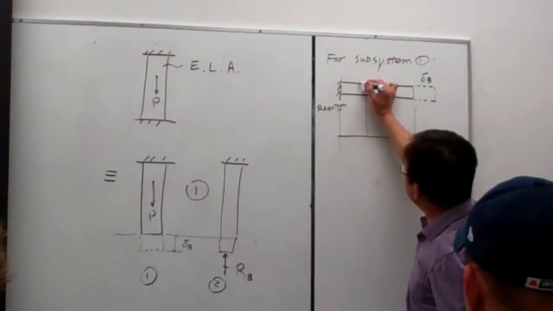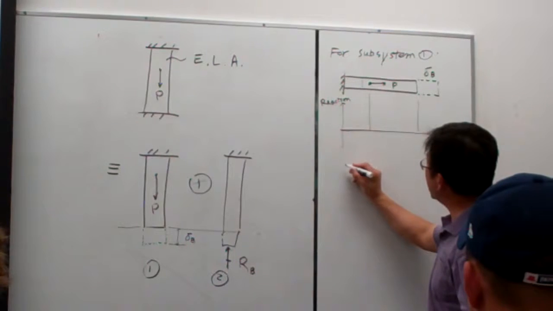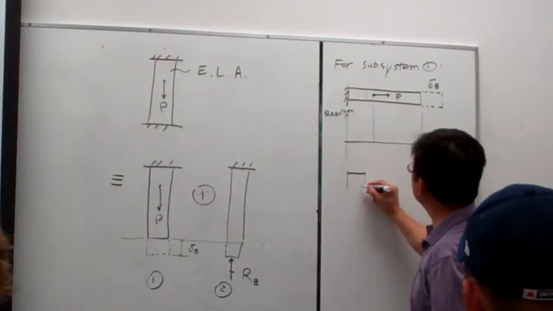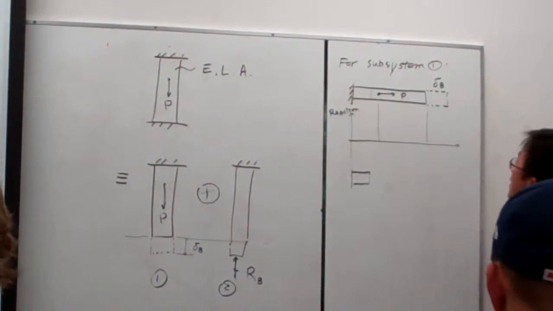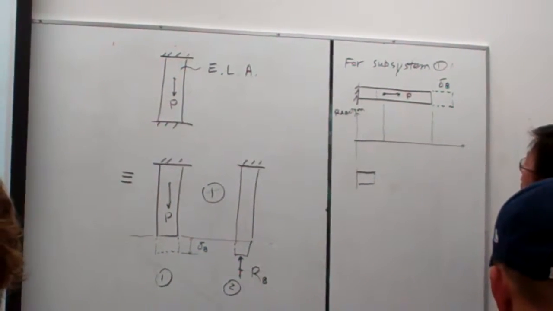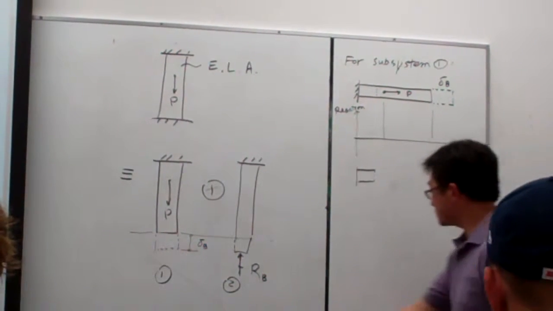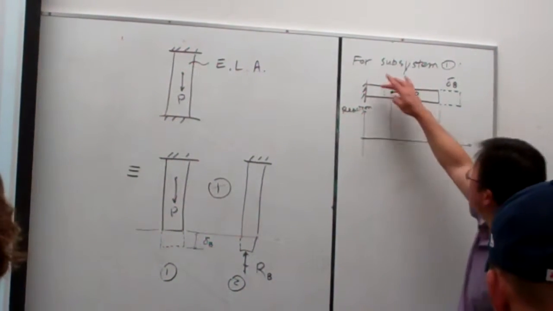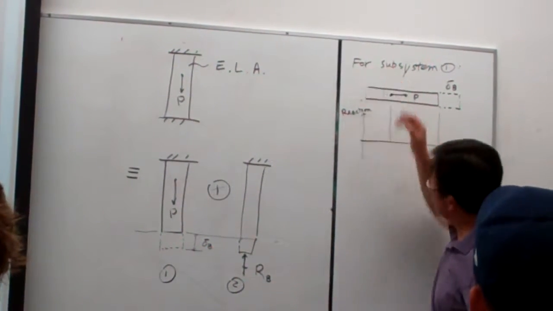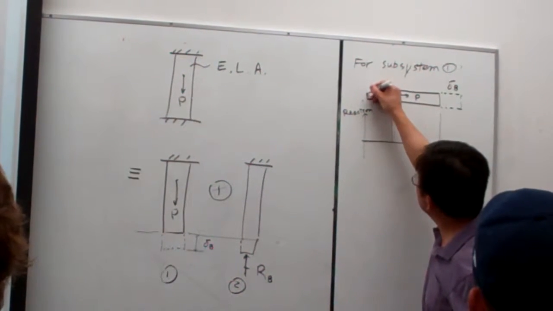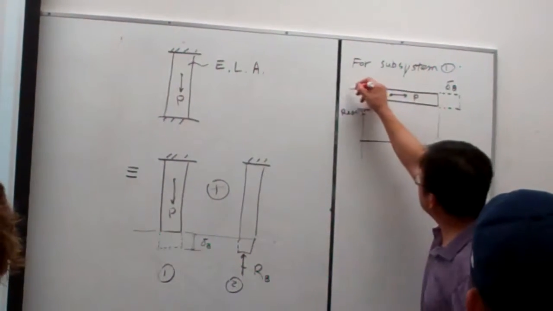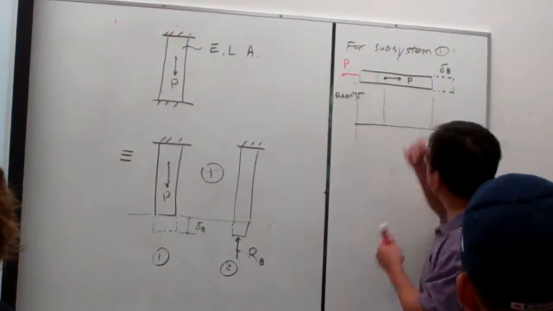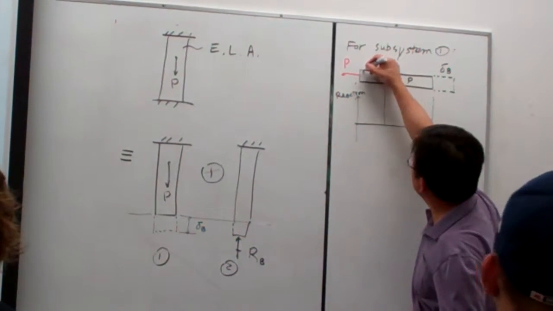You can see if we take the cross section here, the free body diagram, let me draw that here. For this problem, the constraint here, if we remove it, we take the free body diagram. And this is the reaction force, here is P.